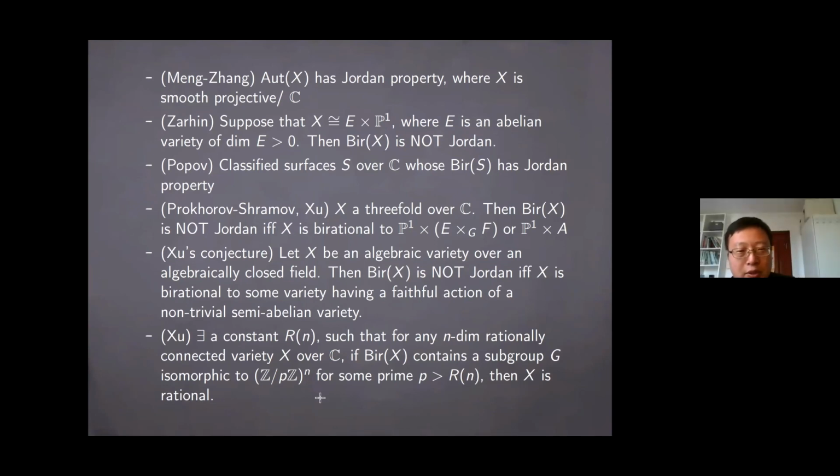Roughly, if the birational automorphism group contains a finite cyclic group of very large order, then X is rational.